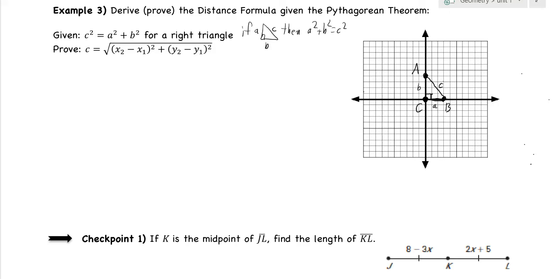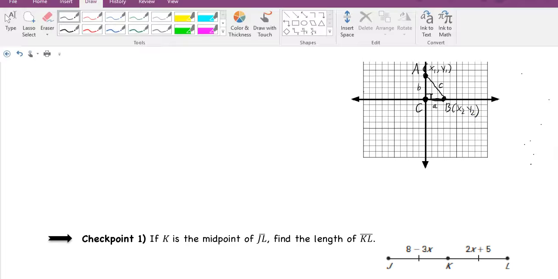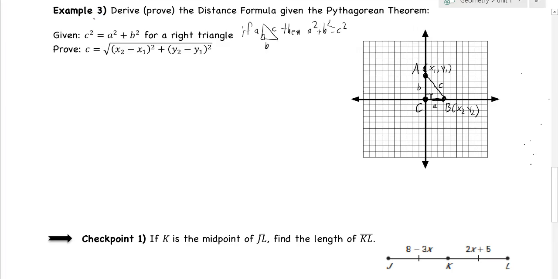What do we know about the points A, B, and C? Well, we know that A is going to be some x1, y1. And B is going to be some x2, y2. C is on the x-axis at the same place as A, so it has an x-coordinate that's the same.